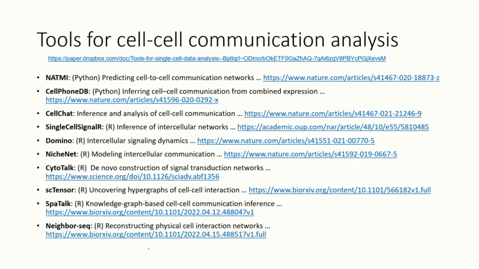There are many different analysis methods that have been developed. They are all based on basically a similar principle. Number one, they need a database between ligand and receptor pairs.